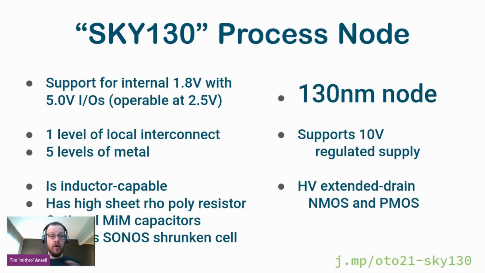This is a fairly old process node. It's 130 nanometers, but it has a lot of nice features. It has the ability to have 5-volt I/O. It has a lot of extra functionality like MIM caps and SONOS shrunken cells, and a bunch of high voltage support by default. It's a very all-inclusive process technology.